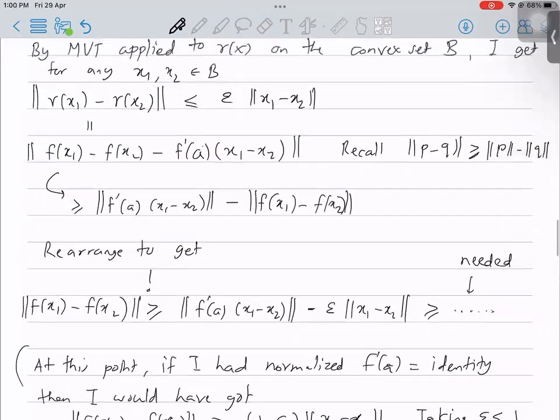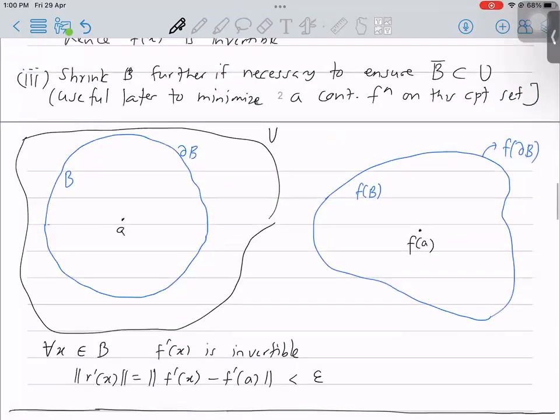We can use this. So let's go to the picture over here. What was the question that was asked? That is, is it possible for this f of A to be in f of the boundary of B? And now we have shown that that is not the case, right?